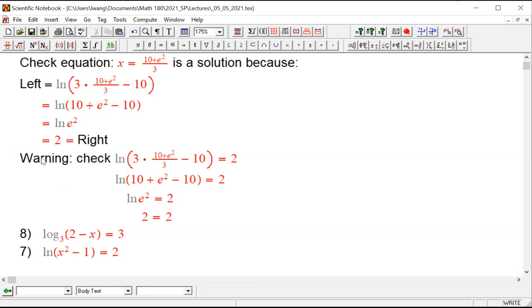Please don't do that. I put this as a warning. I imagine you might have learned this somewhere else. But by mathematical grammar, this is telling the reader the left is the same as right.